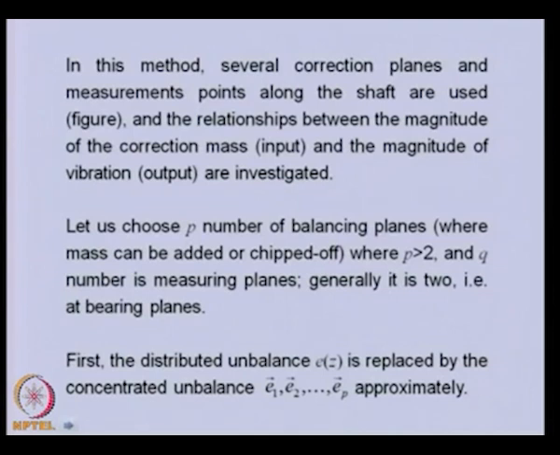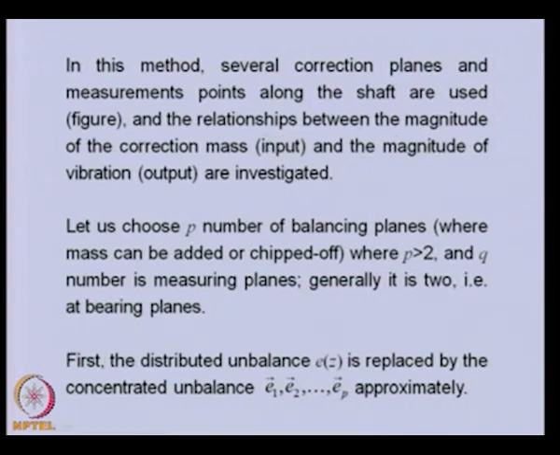Now, once we have defined the balancing plane or the correction plane and the measurement locations along the shaft, we need to relate the magnitude of the correction mass to the vibration. Once we keep the correction mass in these p number of planes, basically they are some kind of force, so they are giving input to the system.